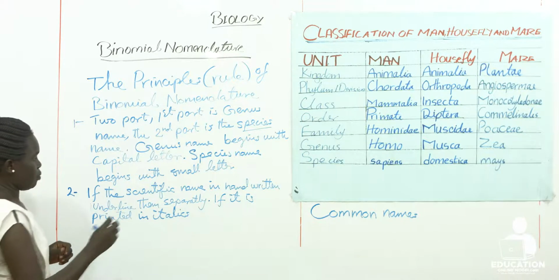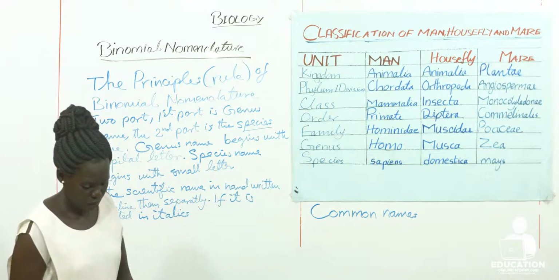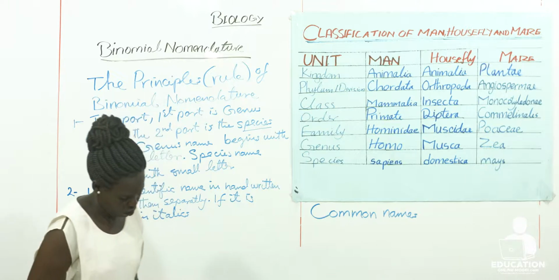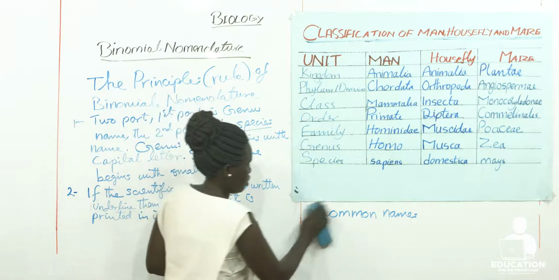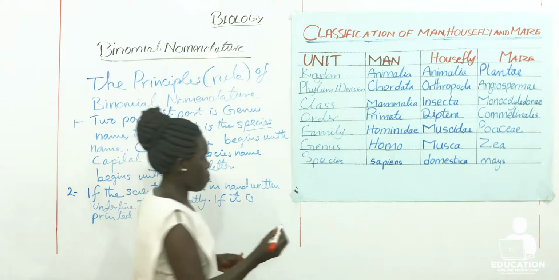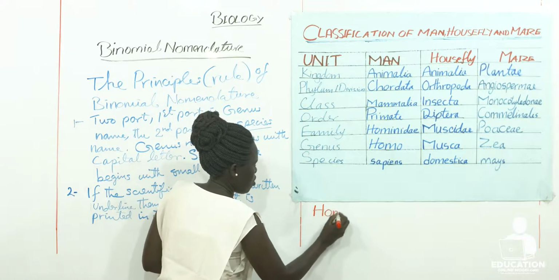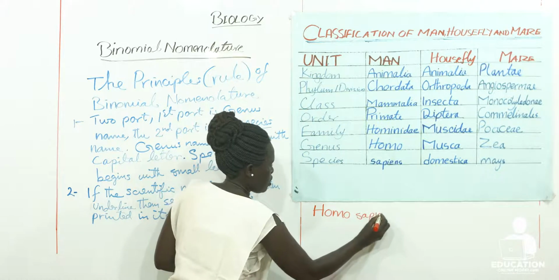For example, Homo sapiens. If you want to write the scientific name for man, Homo sapiens.